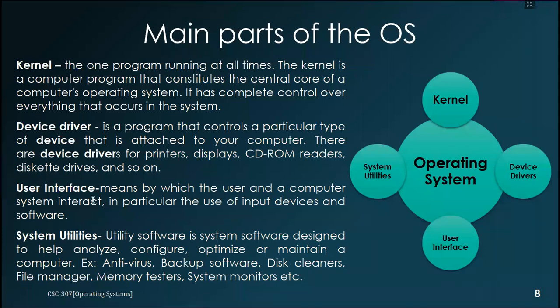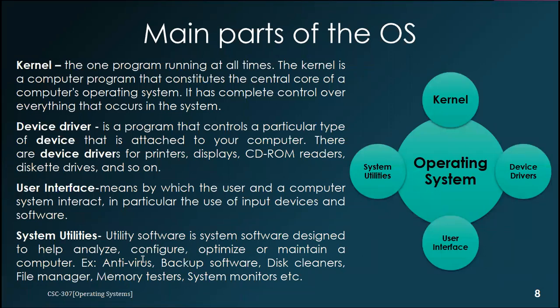Then we have system utilities. Utility software is a system software designed to help analyze, configure, optimize, and maintain a computer. So you can analyze different parts of the computer, you can configure, optimize and maintain the computer. As an example, you have antivirus, which helps your computer with security. It helps your computer to be protected from viruses.